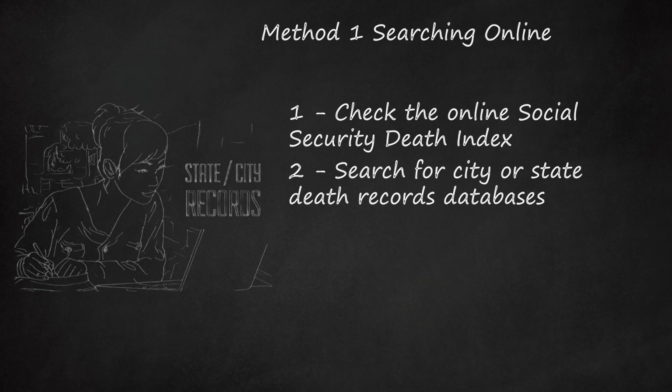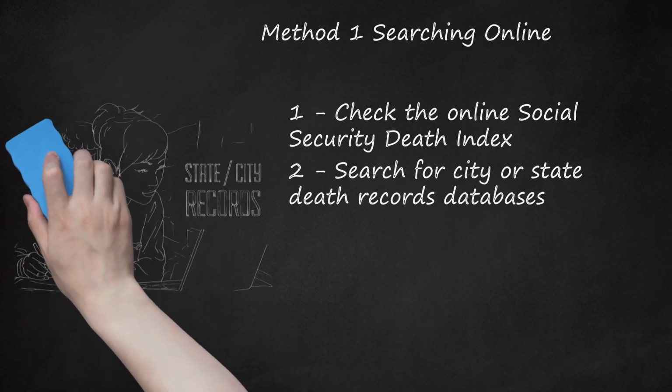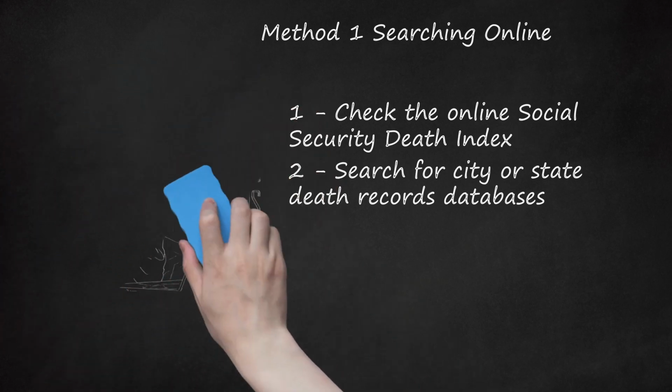Although some of these indexes are available online for free, those databases typically only cover deaths through the early 1900s. If you're looking for an older death, you may have to pay a one-time fee or join a subscription site to gain access to the records.